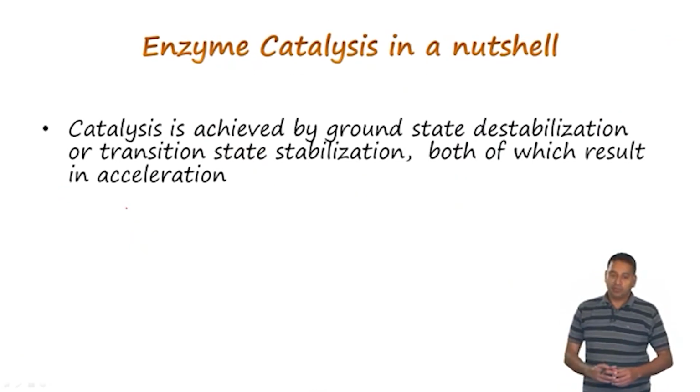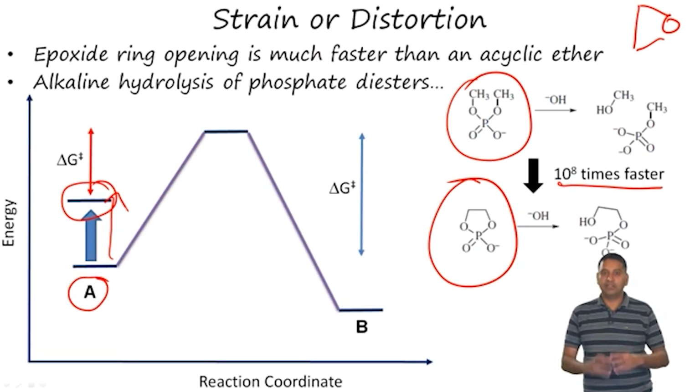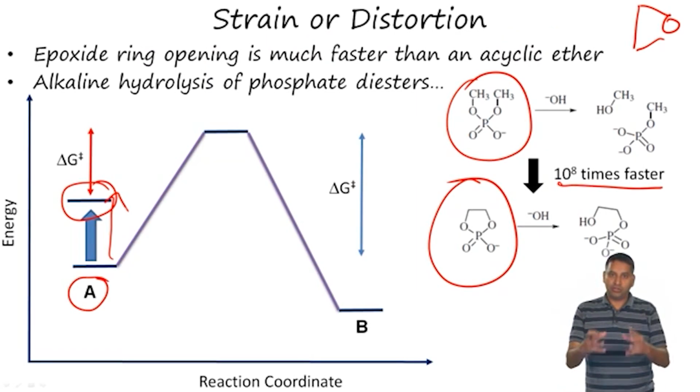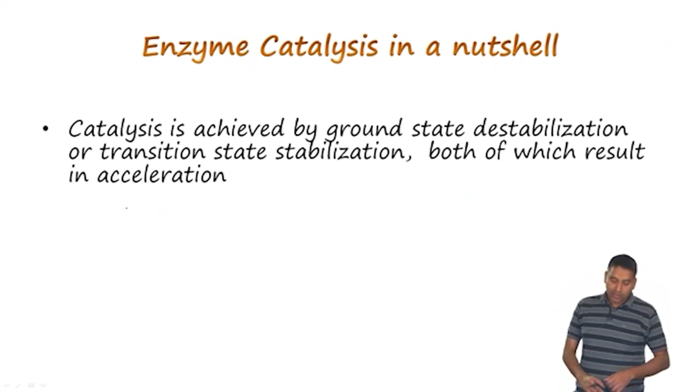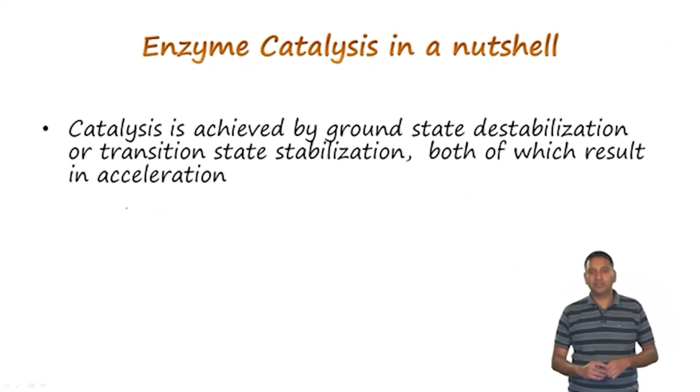Enzyme creates a situation wherein you can have strain or distortion that increases the rate of the reaction. Now, in a nutshell, catalysis is typically achieved by ground state destabilization or transition state stabilization, and both of these will result in acceleration of rate.